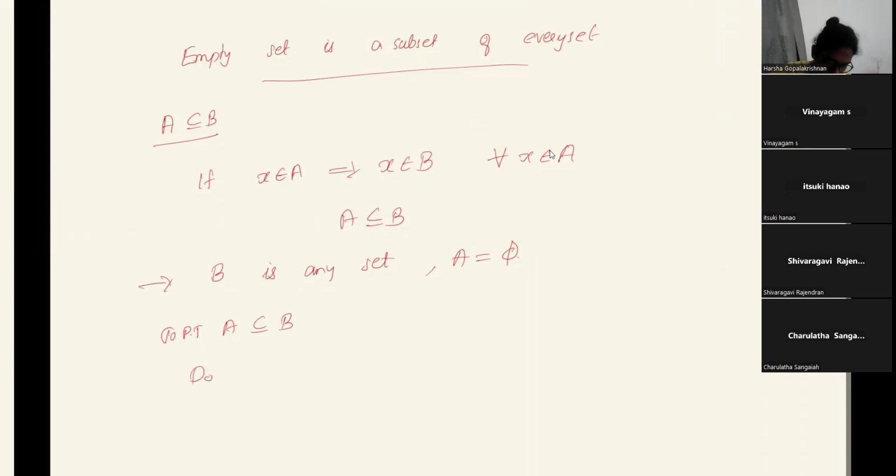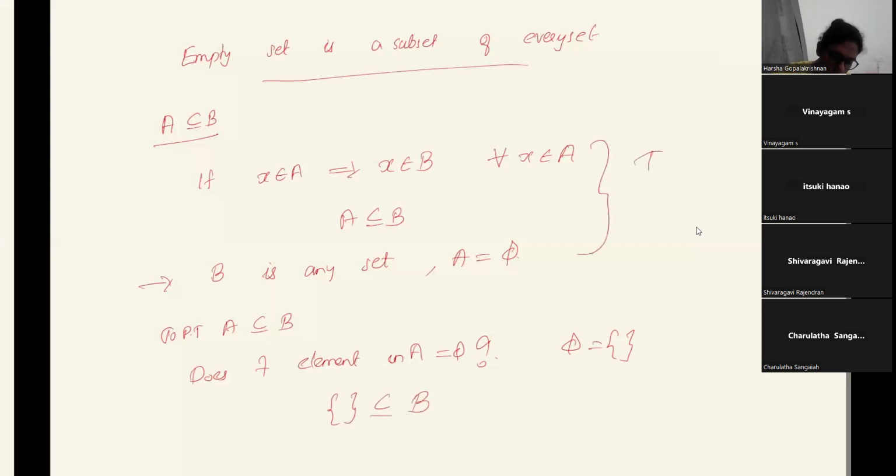Does there exist an element in A? There is no element. If there is an element, then only we need to check whether it belongs to B or not. Here, there is nothing to check. So, trivially, it is a subset. This condition trivially holds for the empty set.